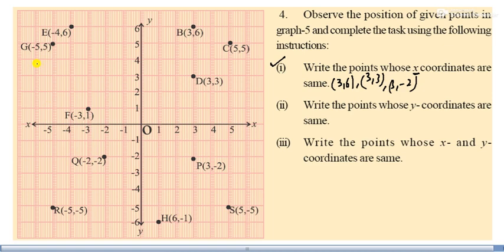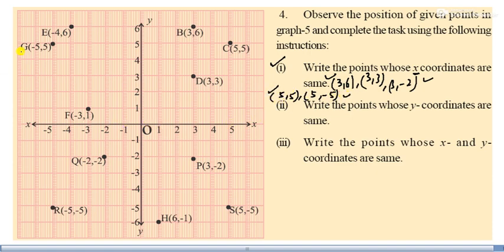Okay. Now you can see another point. The other point is (5, 5). It is one pair. The second is (5, -5). 5 is common. Here is (5, -5), the second one is (5, -5). The first coordinate is the same. Now the third pair.